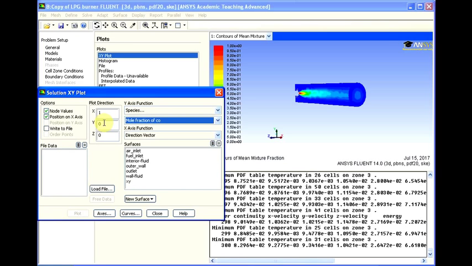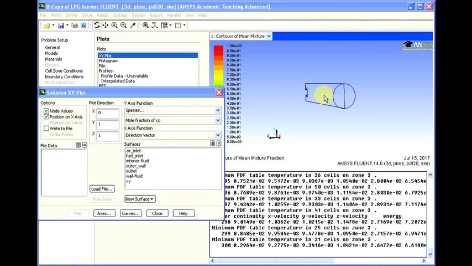So this will be on the Y and Z axes. X axis is 0, Y axis active, and Z axis active.